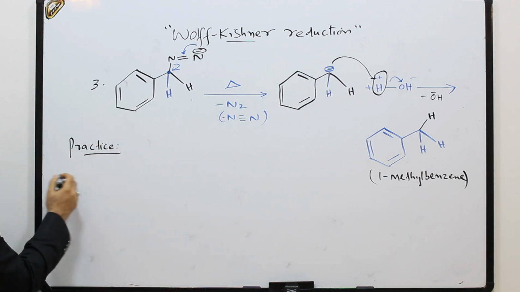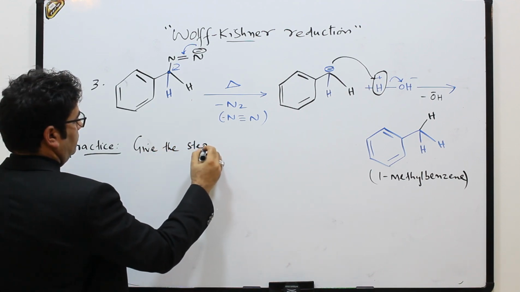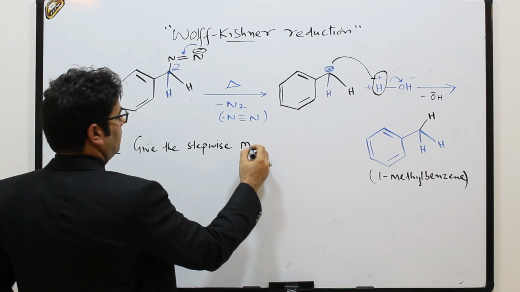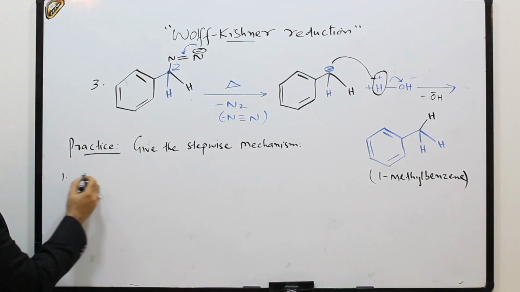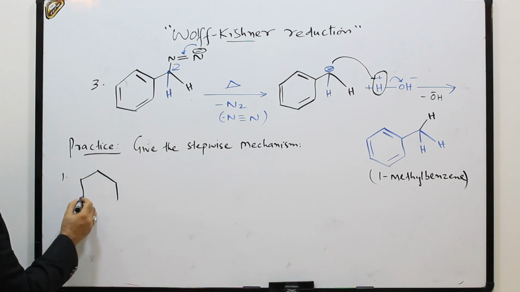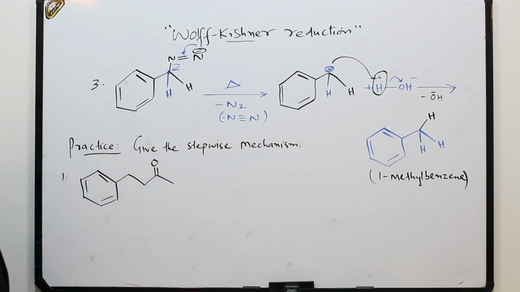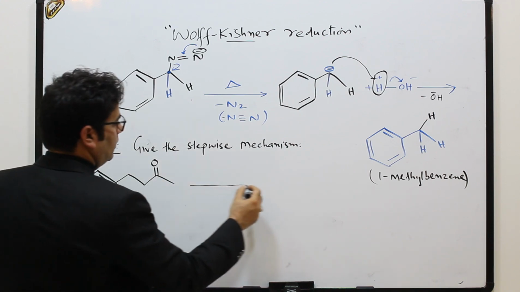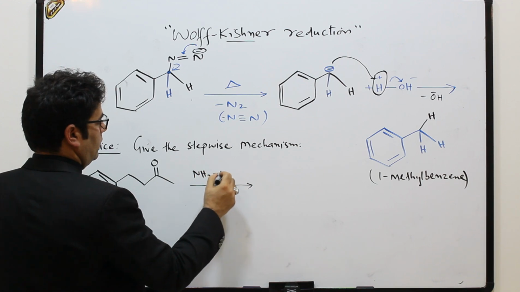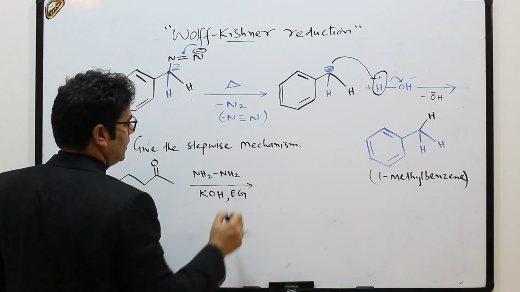Practice at home. Give the stepwise mechanism. What is this molecule? This is a ketone. KOH and EG, ethylene glycol.